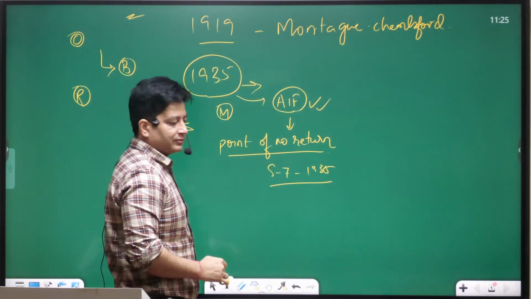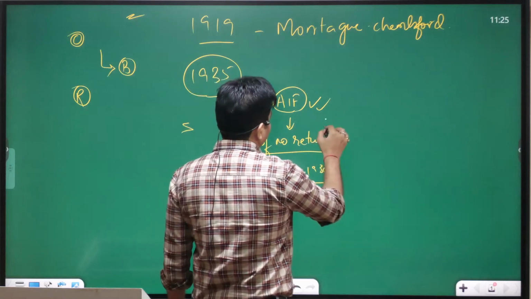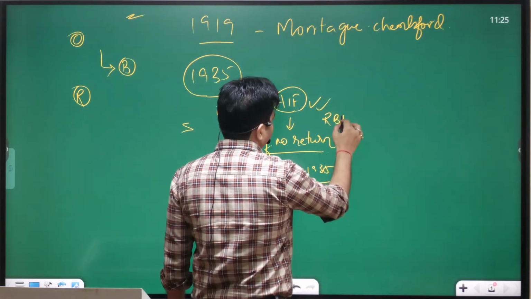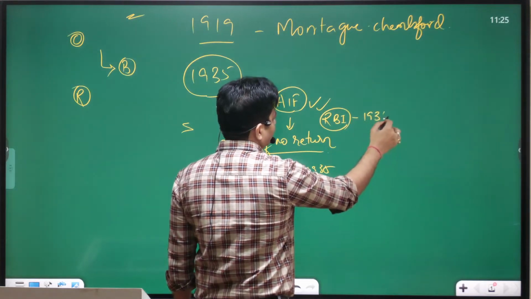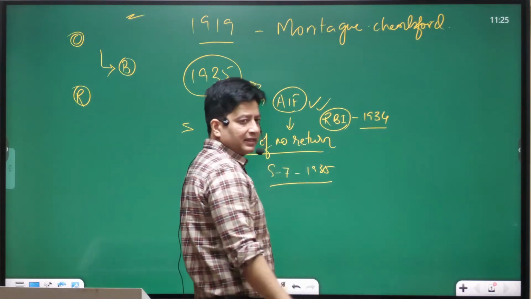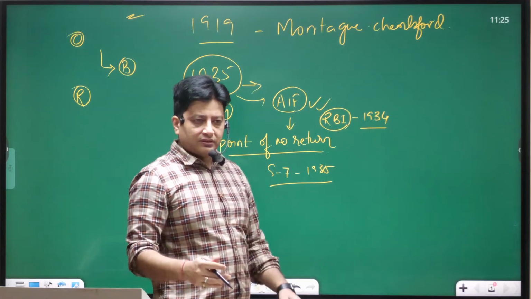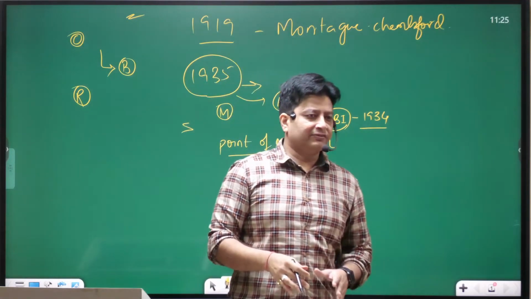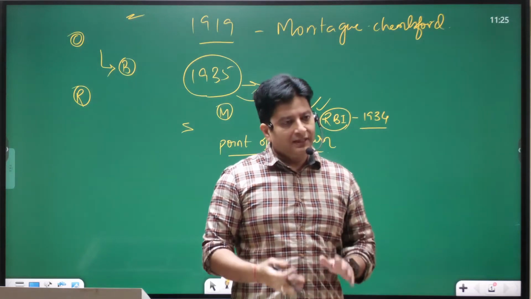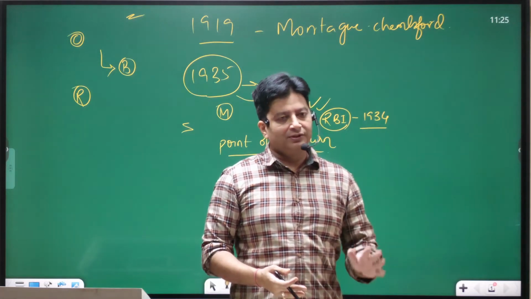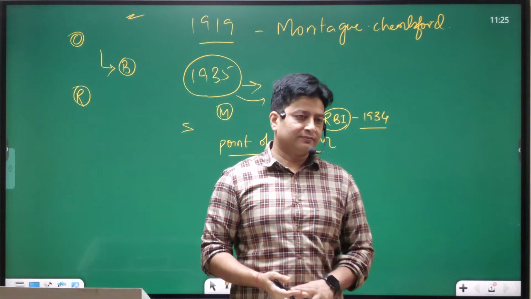Then the third thing is RBI. Even today if you look at the RBI Act, it is written RBI Act 1934, under which RBI started working from 1935. And this RBI pattern was provided by the Government of India Act 1935.